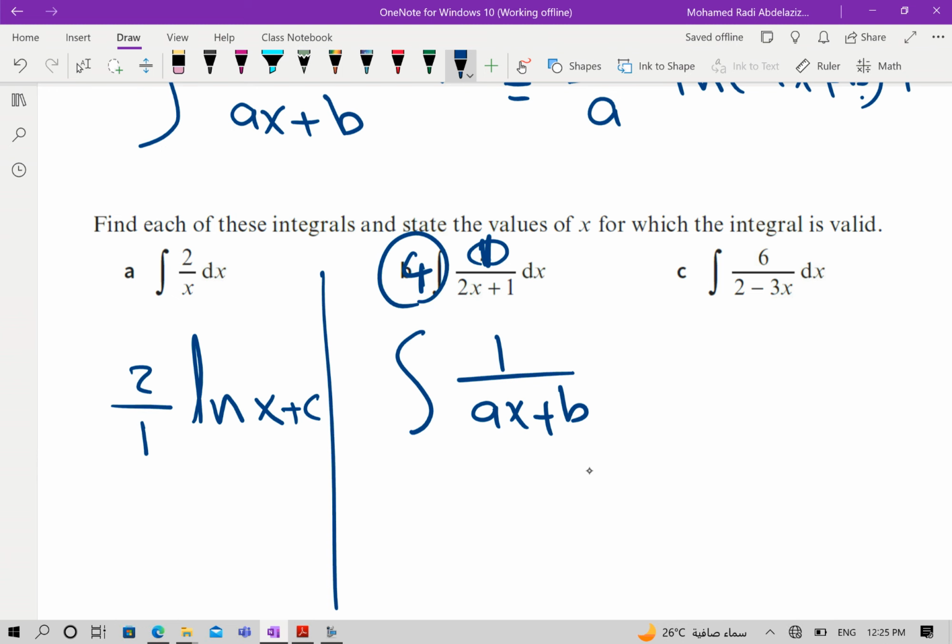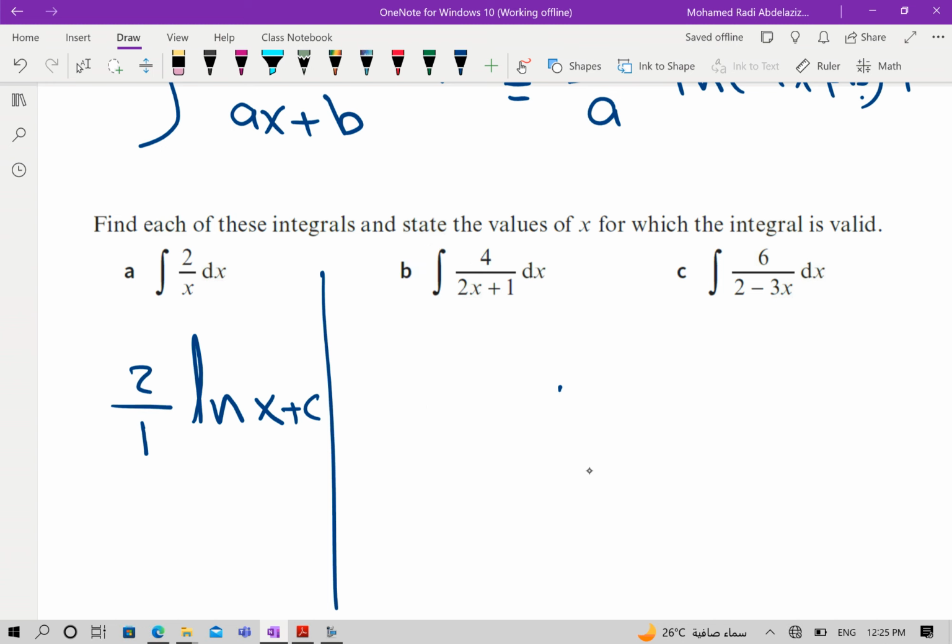But you can write 4 over a. So if it is a constant value like 4, instead of writing 1 over a, I will write 4 divided by the coefficient of x, which is 2, then ln 2x plus 1. 4 divided by 2 is 2, then simplify.